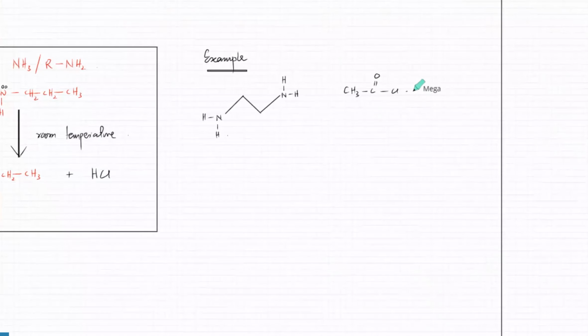Let me make a skeletal formula of this as well. Okay, let's make it propanoyl chloride, 3 carbon atoms, and right on one end you've got a double bond O and a Cl. So that is propanoyl chloride.